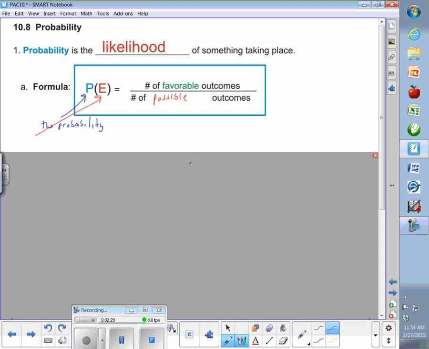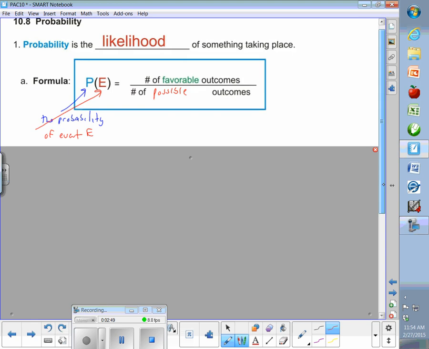And then the E says of event E. The probability of event E. Some would say the probability of E taking place, whatever E might be. Our example, girls team winning the basketball tournament.